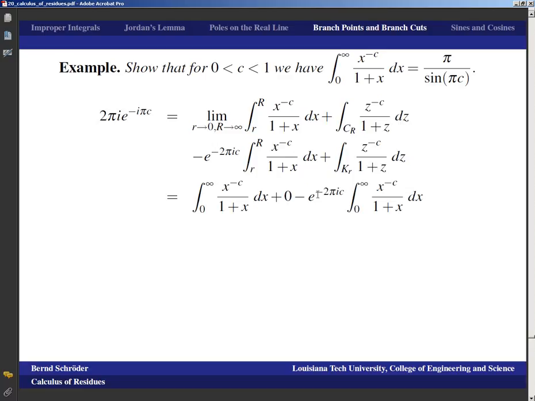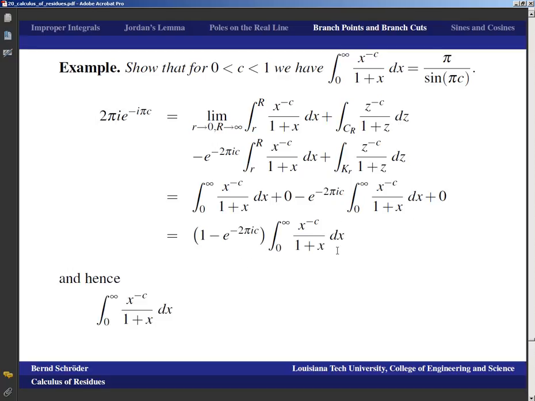This integral becomes e to the negative 2 pi i c times the integral we want. And the last one goes to 0 again, just like we've shown 2 panels ago. And that's 1 minus e to the negative 2 pi i c times the integral that we're interested in. Solve for that integral, and we get that the integral we're interested in is 2 pi i e to the negative i pi c from here, divided by the denominator, which comes, of course, from here.